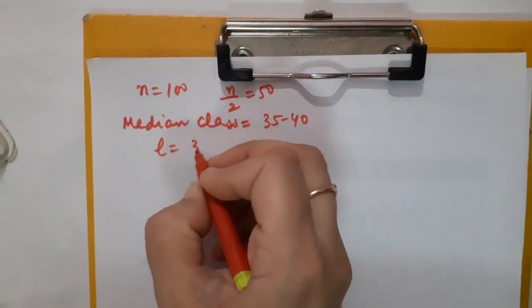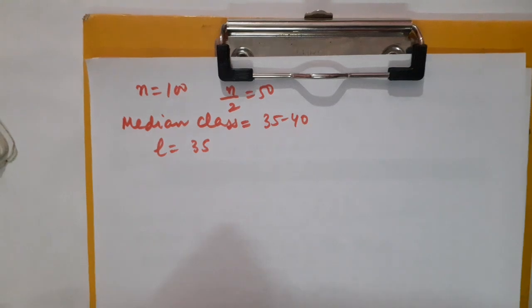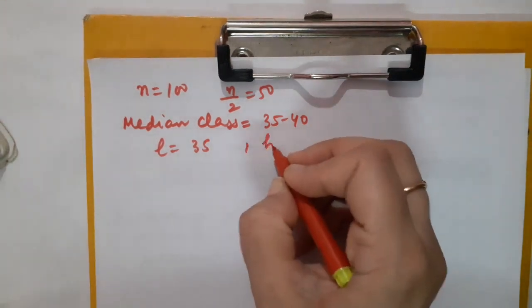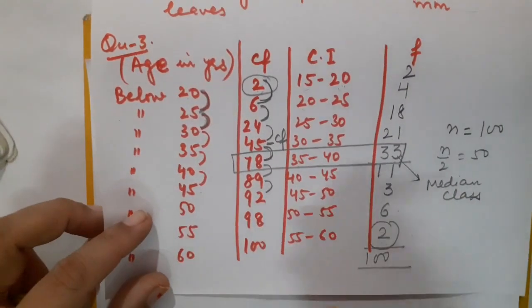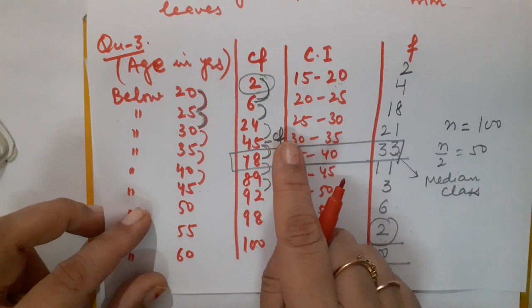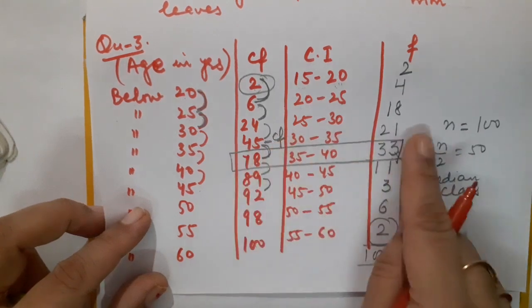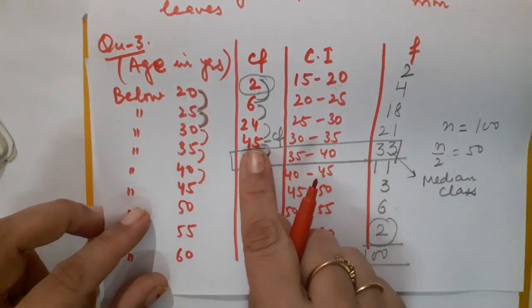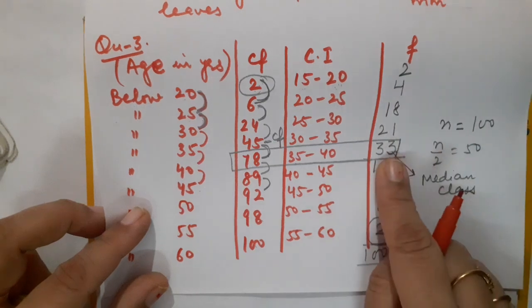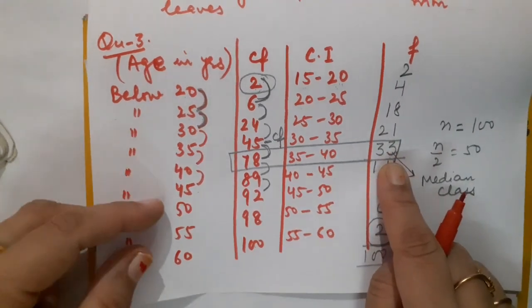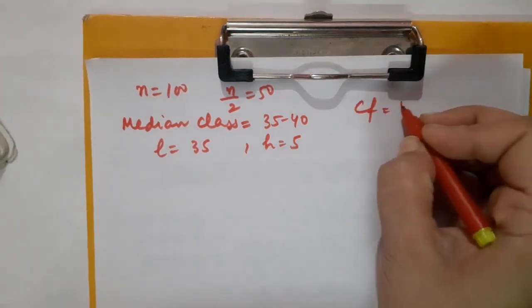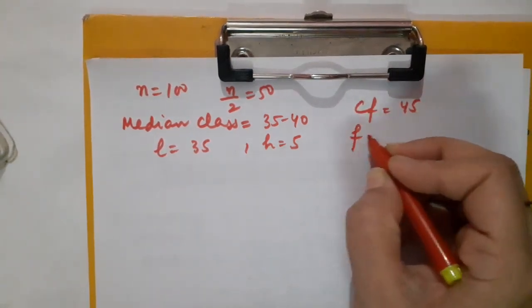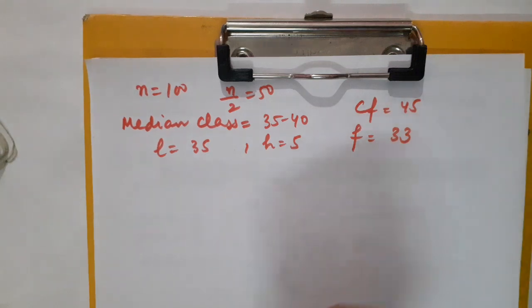So L must be equal to 35. And of course, h is equal to 5. Now let us talk about the cumulative frequency. I told you to take the cumulative frequency preceding the median class, which will be equal to 45. But the main frequency will be taken of the same class, that is equal to 33. So write down cumulative frequency is equal to 45 and frequency is 33.